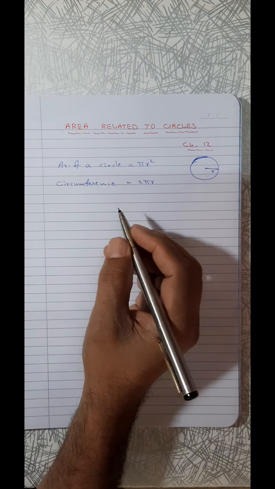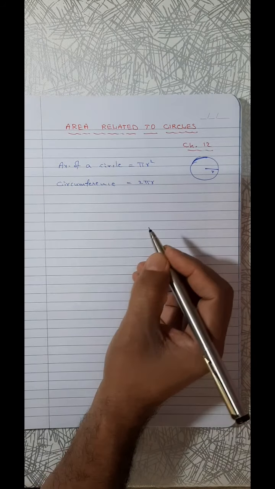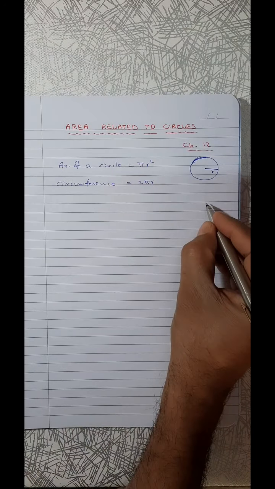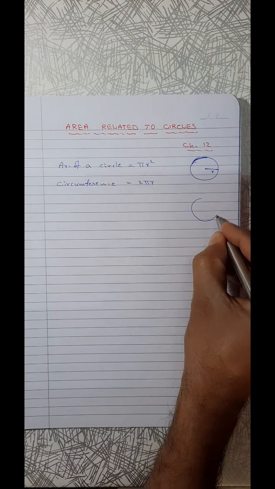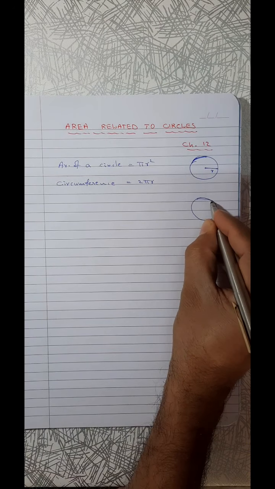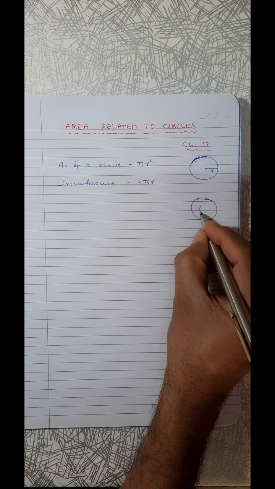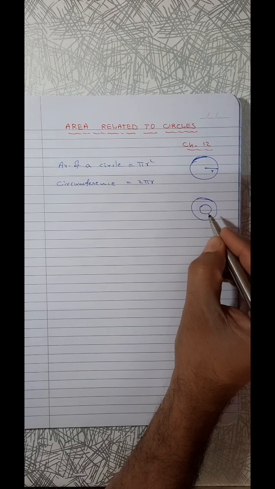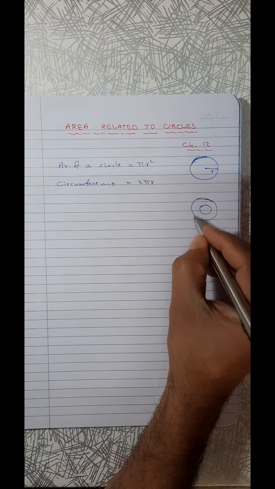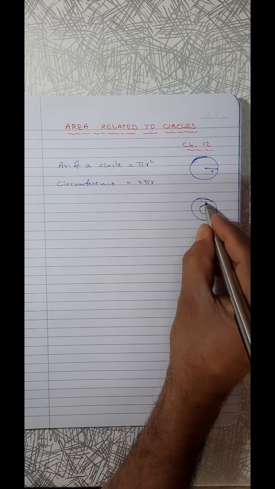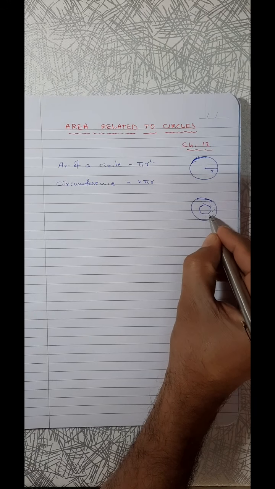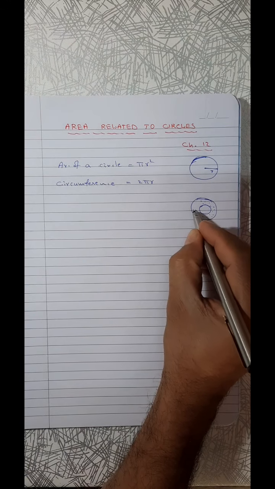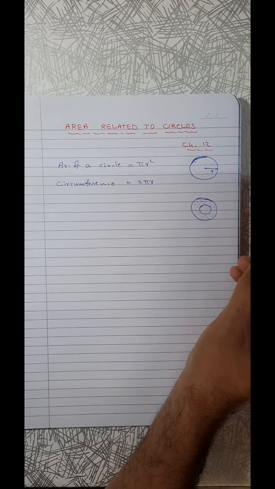Then we know the formula for area of a ring. What is the meaning of ring? One circle. Suppose there is one more circle. Now, ring means the area between these two circles. This area is called a ring.